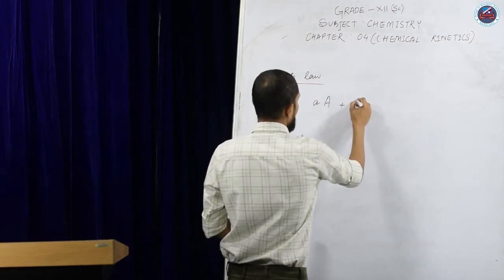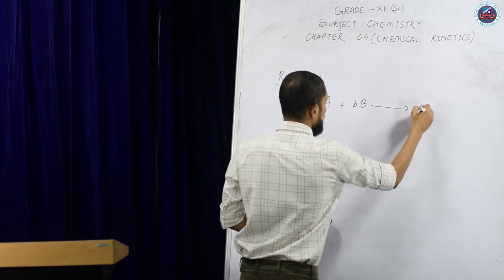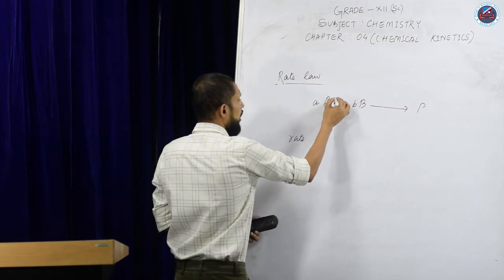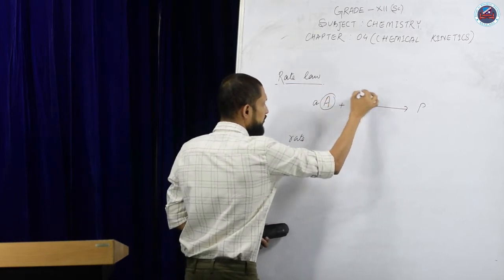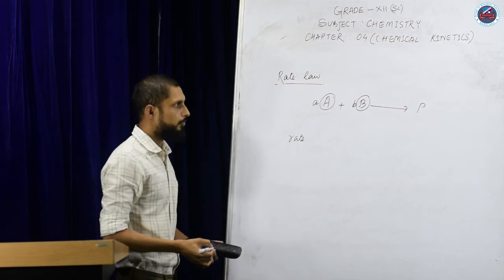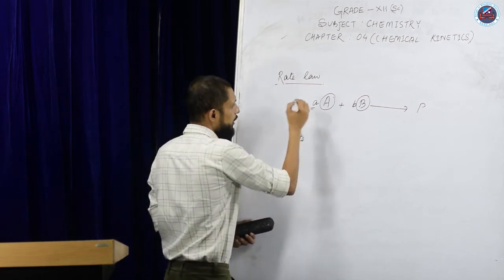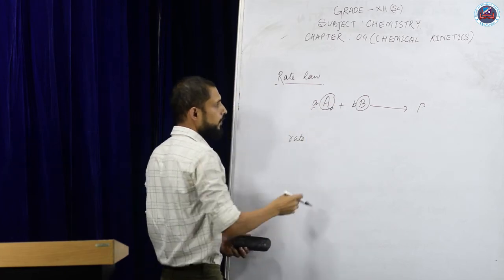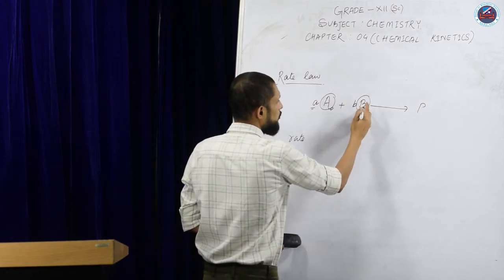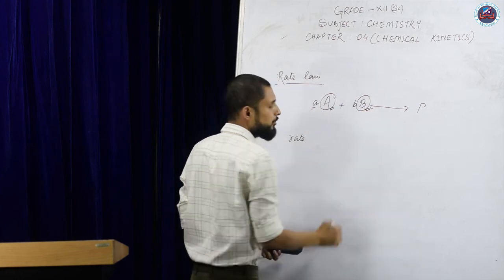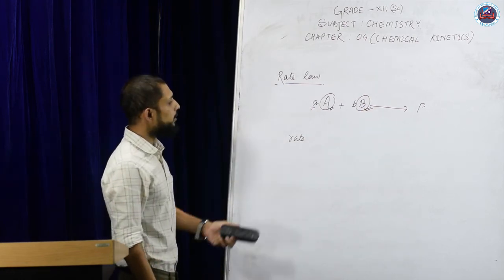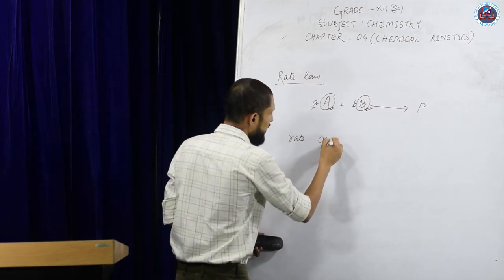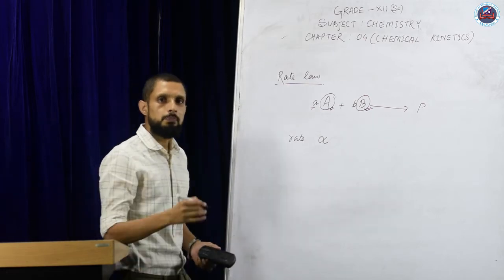aA plus bB gives product B. So the reactants here are A and B, that is capital letter A and capital letter B. Small letter a is the stoichiometric coefficient of reactant A. Small letter b is the stoichiometric coefficient of reactant B. So according to rate law, the rate of the reaction is directly proportional to the product.